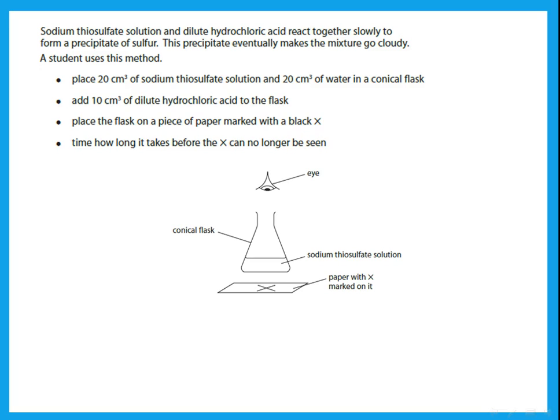So you need to leave one of them till the end. So either you put sodium thiosulfate and water and then the acid, or the acid and water and then the sodium thiosulfate. But usually it is sodium thiosulfate and water, and then you put the acid, and then you put the flask on a piece of paper marked with a black X, and you measure the time taken for the X to disappear.